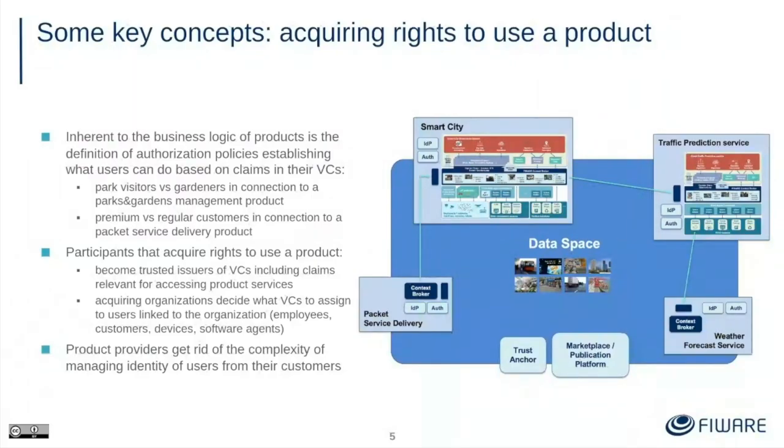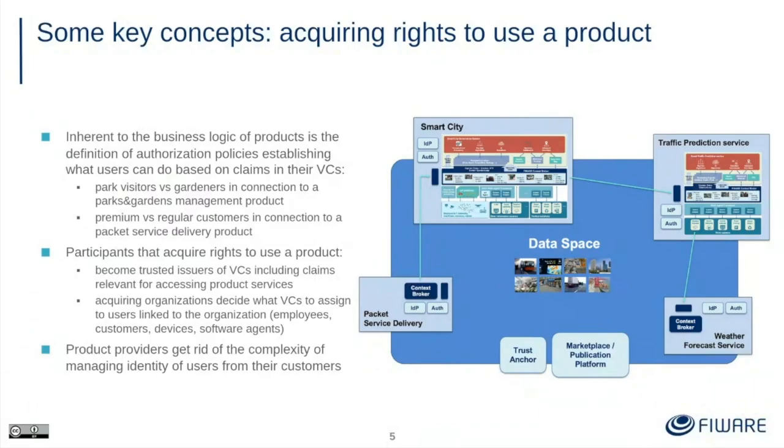Those credentials can then include a certain number of claims, again defined by the trust relationship that is established between provider and consumer through the process of acquiring the rights to the products. The acquiring organization can then again decide independently who should get which verifiable credentials linked to their organization.